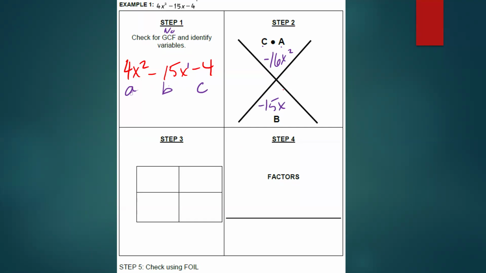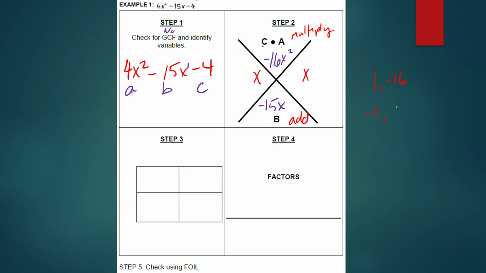To find the outside of your x, all you're doing is asking yourself, what multiplies to give you the top of your x, but adds to give you the bottom of your x? So what 2 numbers will multiply to give me -16x squared, but add to give me -15x? Well, we know they both have to have an x because it has to be x squared, right? So when I think of 16, I have +1 and -16.